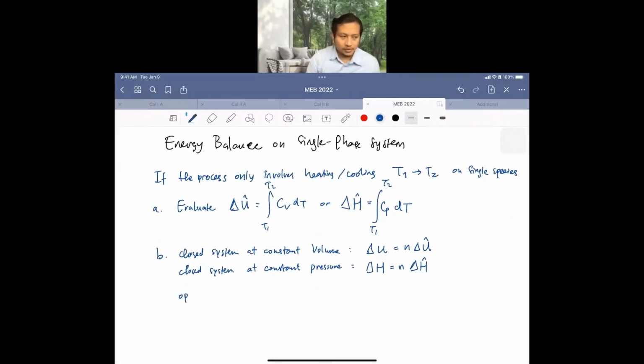Okay, so for open system, you calculate the delta H.